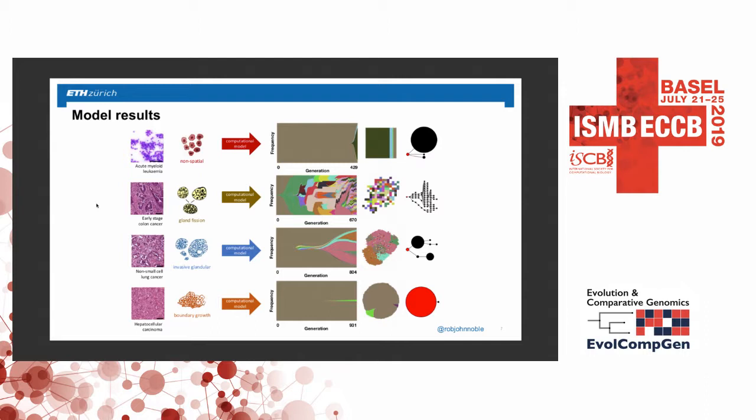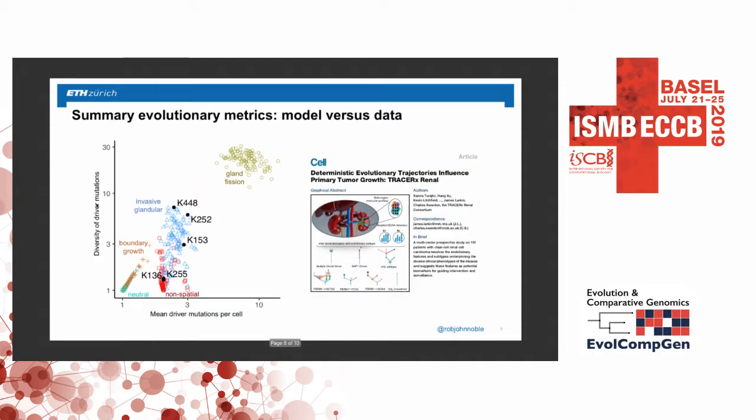I want you to particularly look at the third row there, which is this branching evolution, this deep branching. And what's interesting about that is it's been reported in many multi-region sequencing studies of different solid tumor types. In particular, there's a very nice recent survey by the TRACERx Renal Consortium.